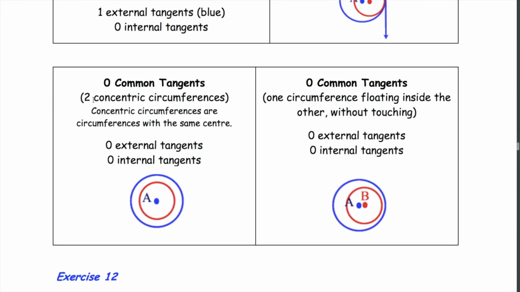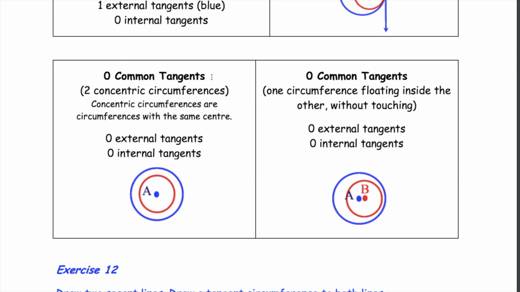Then we have 0 common tangents. Now there are two situations. The first situation, two concentric circumferences. So that means that circumference B, the red, and circumference A, the blue, have the same center point.